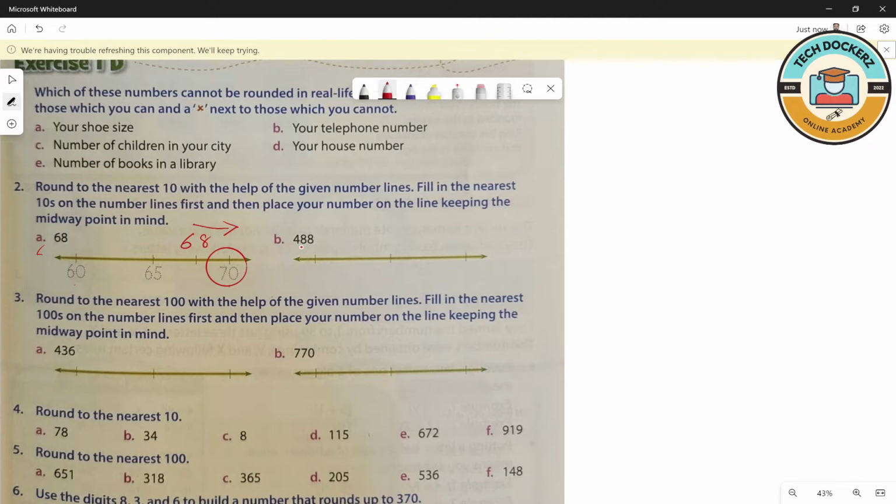Question number 2B, 488. So 488 falls in the 100s range, between 400 and 500. The midway point is 450. Your number will fall somewhere here, which is 488.